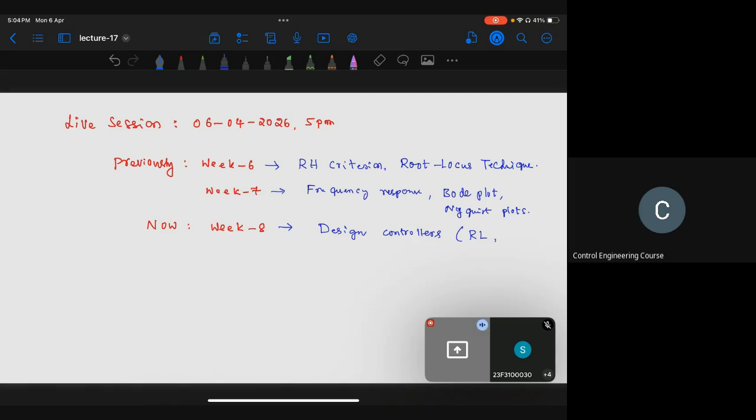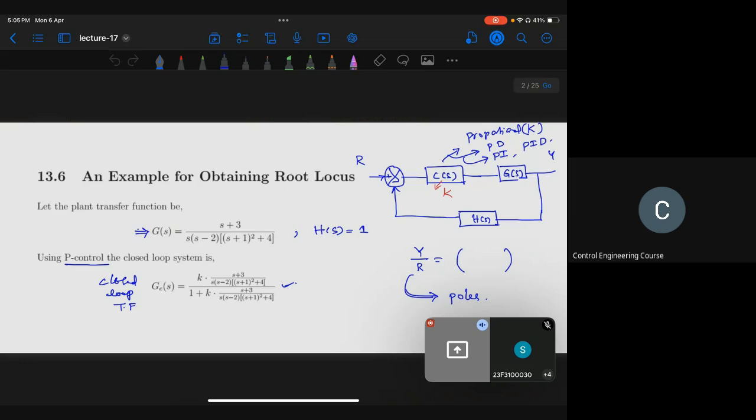One is the root locus, which we see in this week, and coming next week, the same design of controllers using the Bode plot. In this week we will concentrate on the design of controllers based upon the root locus technique. Now let us shift to the week 6 content, particularly the root locus plot design.